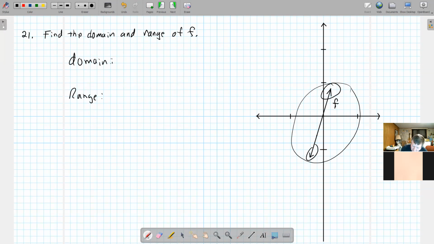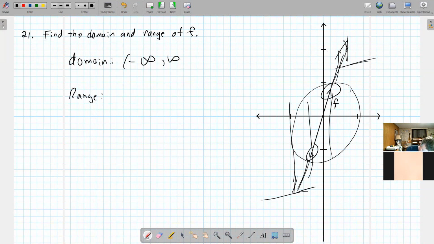These arrows imply that the graph continues on in both directions. Going to the right as it goes up, it's also going over. To the left as it goes down, it's also going over. So the domain would be all the x values, which would be all real numbers. The range, likewise, would be all y values, so it would be all real numbers. Any questions about that example?